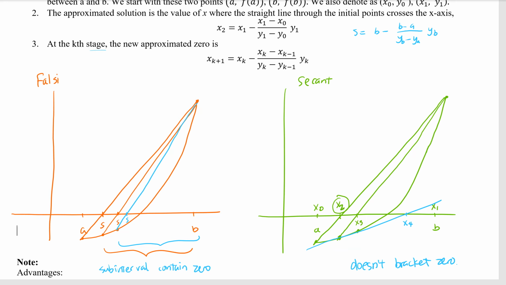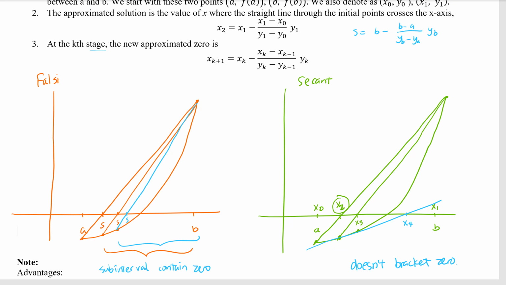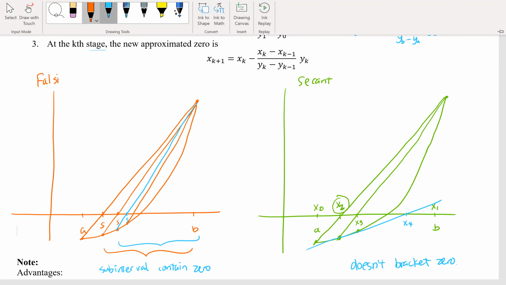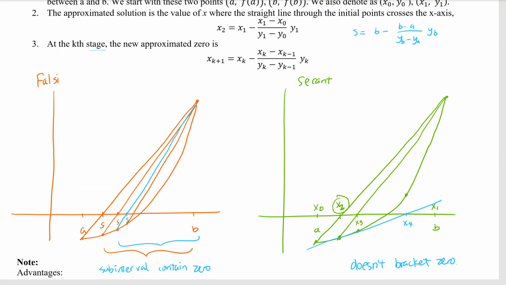And then when we continue, what happened? We find this point, and then we continue here. And on the right hand side, we got this point, right? And then we look at x3, x4. That will give us x5. So we connect the points x3, x4. This is x5.